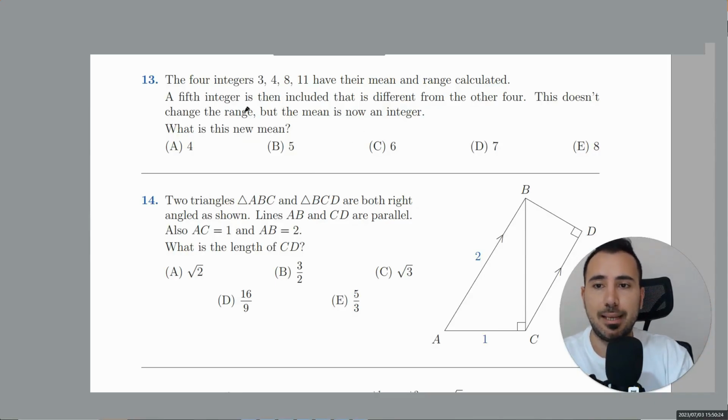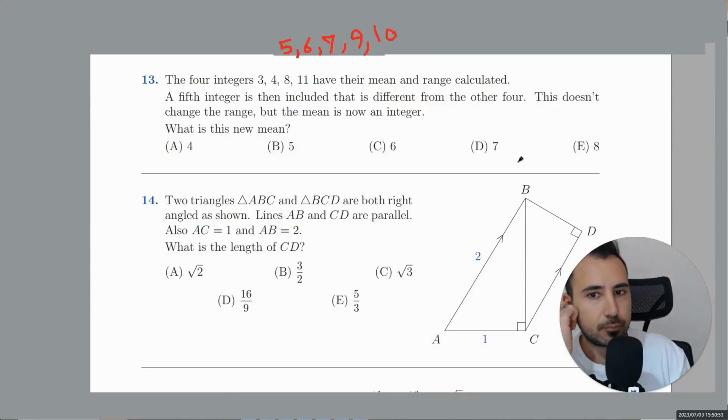So when it says it doesn't change the range, the number is supposed to be between them. So not 3, not 4, maybe 5, maybe 6, maybe 7, maybe 9, and maybe 10. By looking at the options, you see that 4 is definitely wrong, and 8 is definitely wrong too.